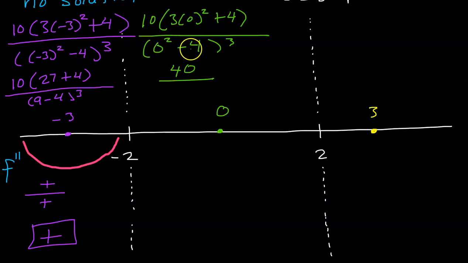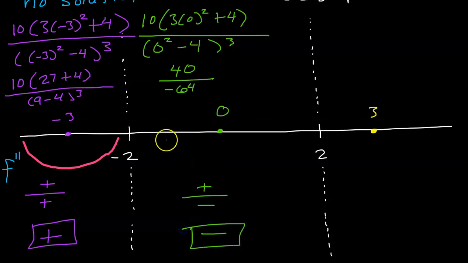This term is gone, so this will be negative 4 cubed. So that's going to be negative 64. So yeah, remember, when you raise a negative number to an odd power, it stays negative. Okay, so we have a positive divided by a negative. So that is going to be a negative, folks. And when the second derivative is negative, that means the function is concave down in that interval.